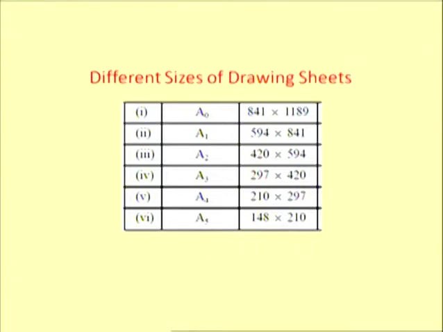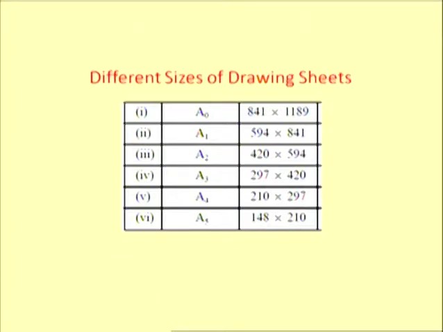Again, if you cut the A1 sheet in two equal parts, you will get A2. Similarly, cutting A2 gives A3, cutting A3 gives A4, and cutting A4 gives two A5 sheets.